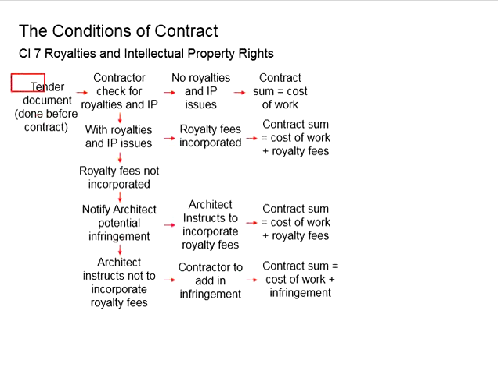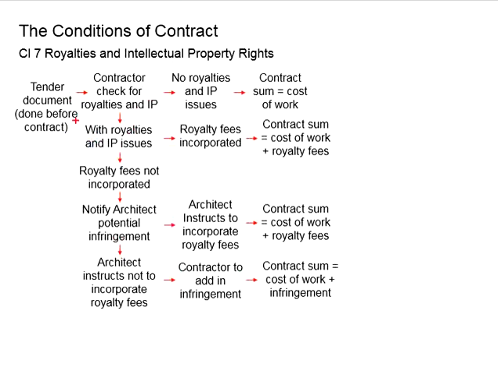So now you have the tender document. The contractor will need to study the tender document and check for the issues related to the royalties and the intellectual properties. If there is no such issue, the contract sum will be equal to the cost of the work.